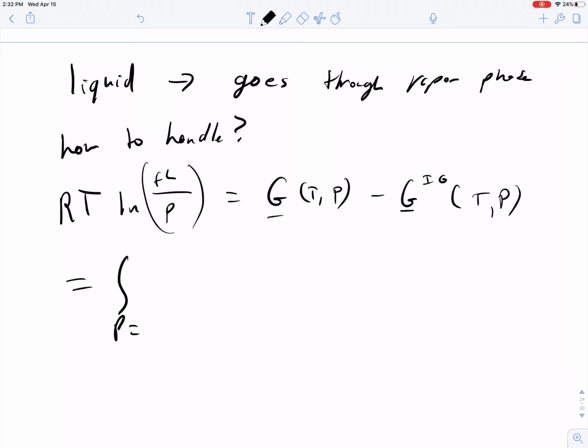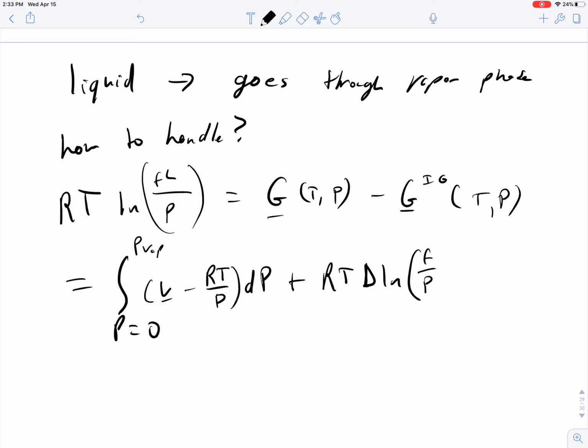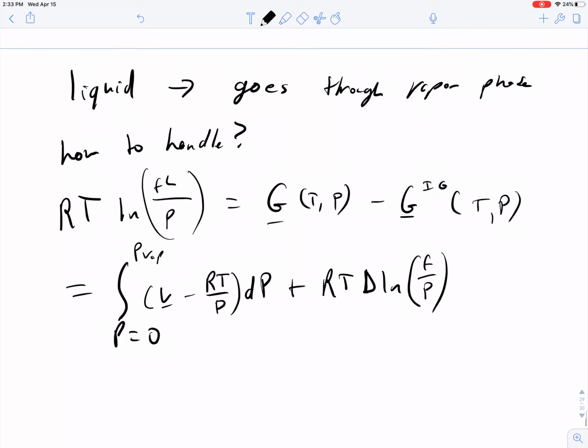As we go from one region to the other, this goes from P equals 0 to P vap, V underbar minus RT over P, dP, plus RT delta, the change in fugacity from the transition, and I'll underline what these are in a second, plus P vap up to the pressure that we're actually interested in, our final pressure that we need to do the calculation at, V underbar minus RT over P dP.